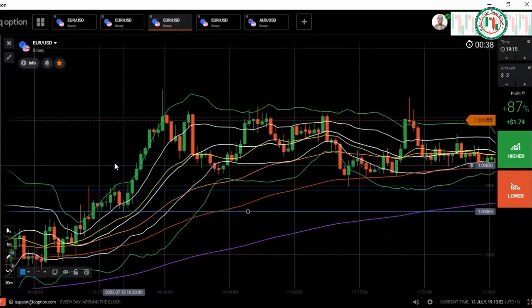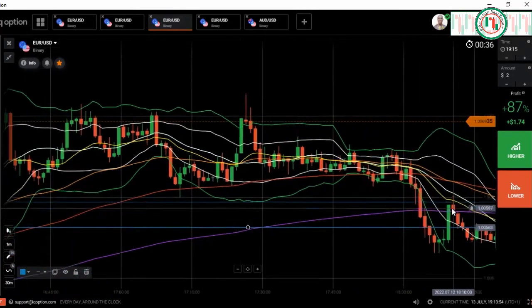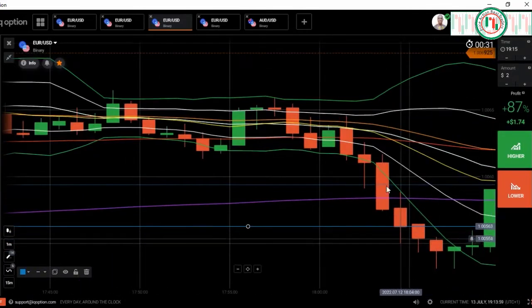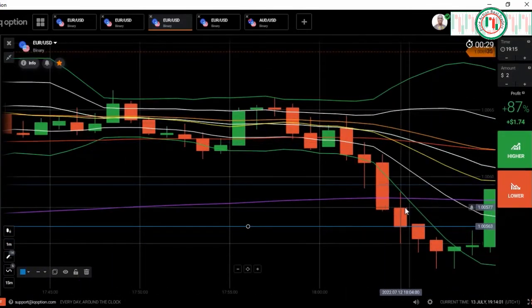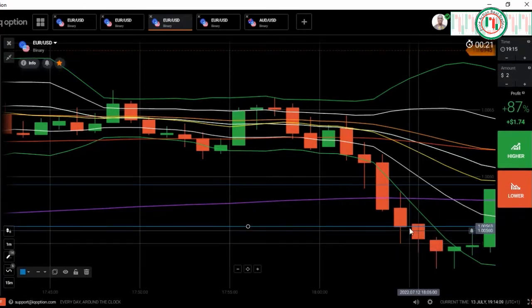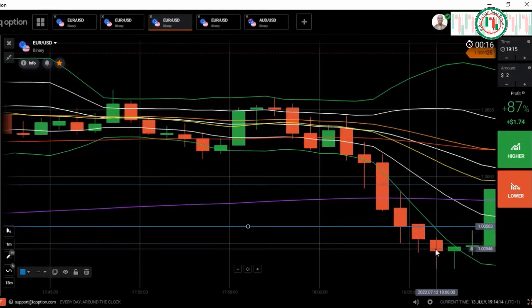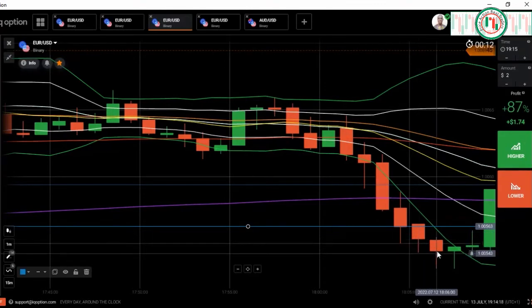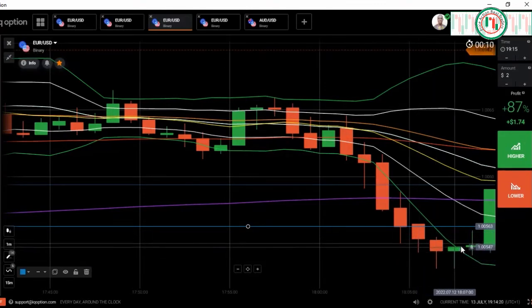Then you wait for market to come to this level, but as I have told you, you see market come, you see gap up, it didn't reverse, you see another gap up, market didn't reverse. So after this, I told you, if you see spinning top and hammer, wait for the next candle. You see spinning top, you see hammer candlestick, then the next candle, market reverse.